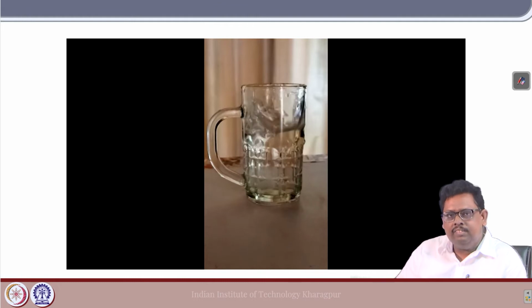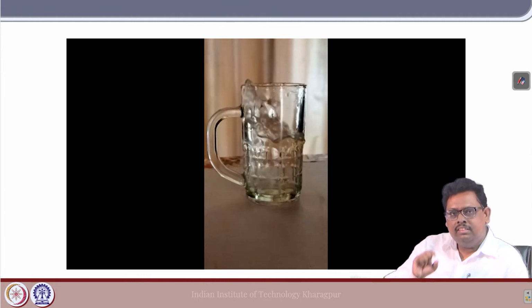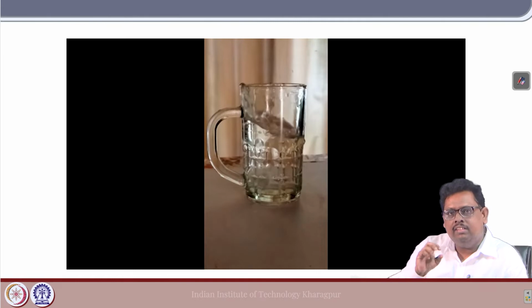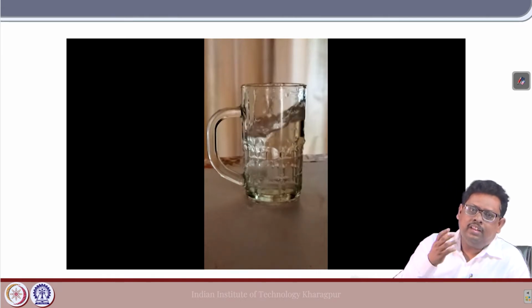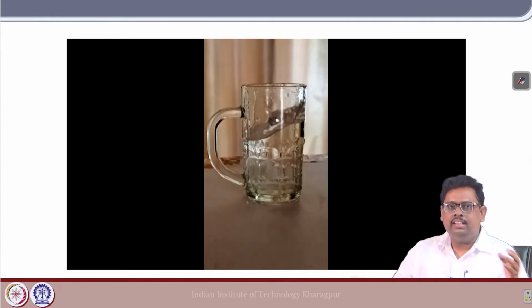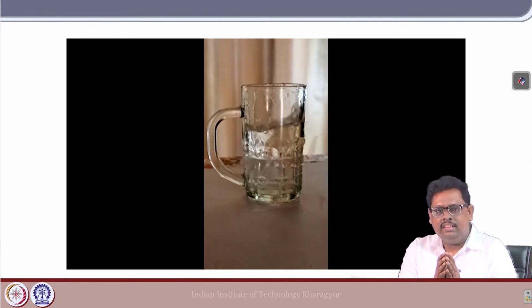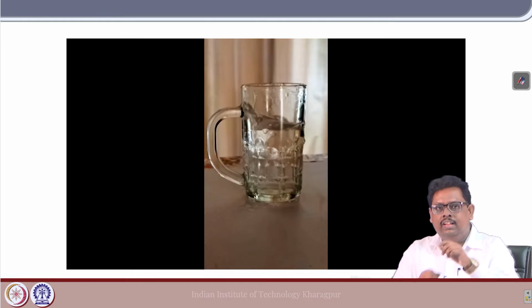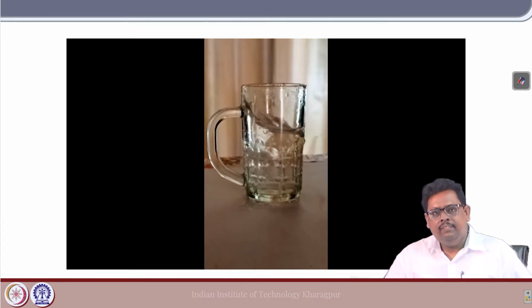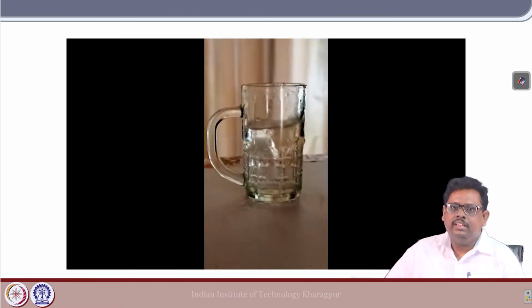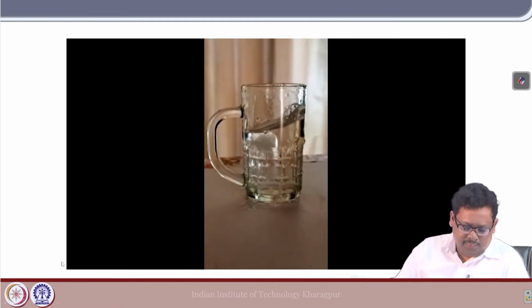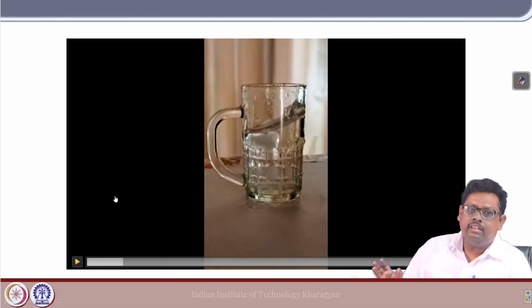Remember, I throw the ice cube at t equal to 0, let us assume. Now, even though the ice is not moving inside the water, it is cool and calm, if you look at the free surface you can still see a lot of waves. This is a very important understanding that you have to be very clear about.